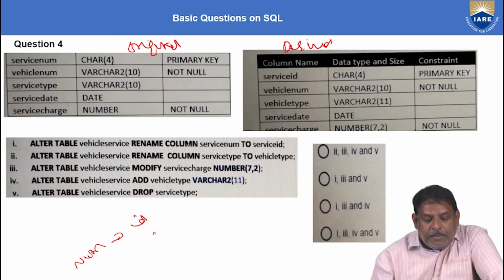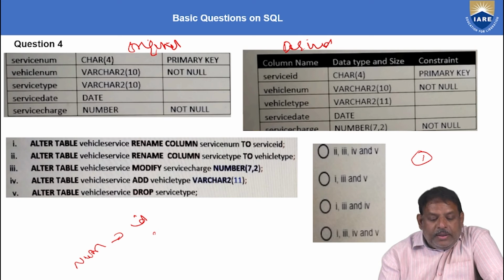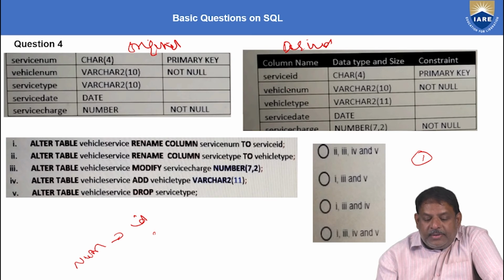Rename column service number to service ID. So one is a part of an answer. Because here the service number is here, with primary key. The only thing is he has made service number to service ID.